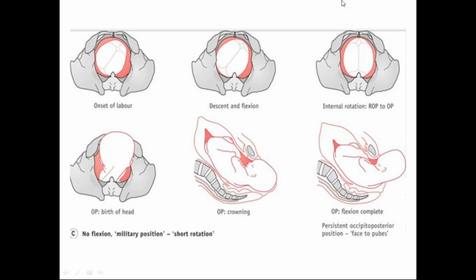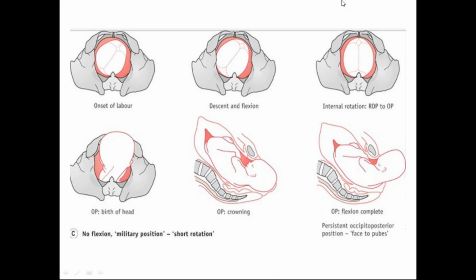You see that is the onset of labor. This occiput posterior is here. Descent with flexion is occurring, again in occiput posterior position, then ROP. Here there is no flexion at the OP. Face to pubis, so crowning is there.